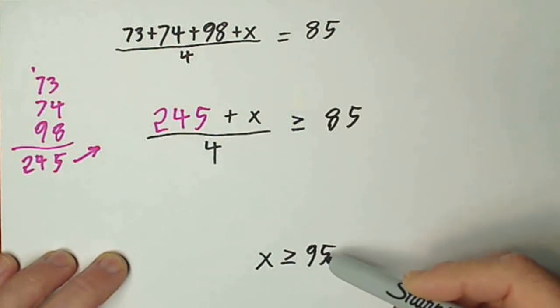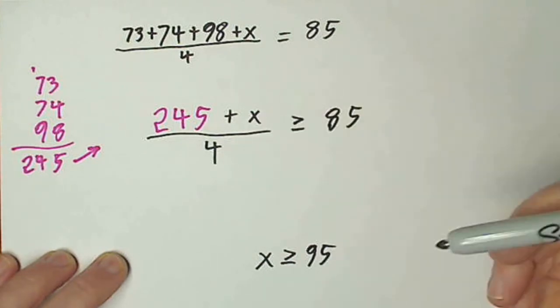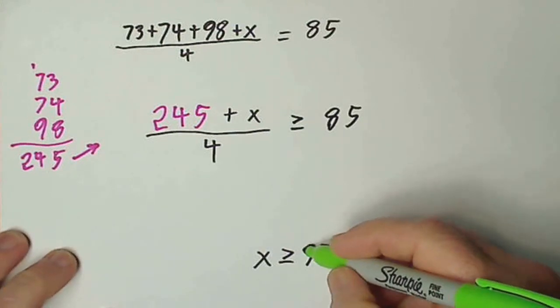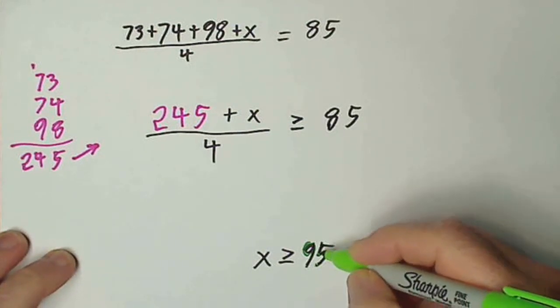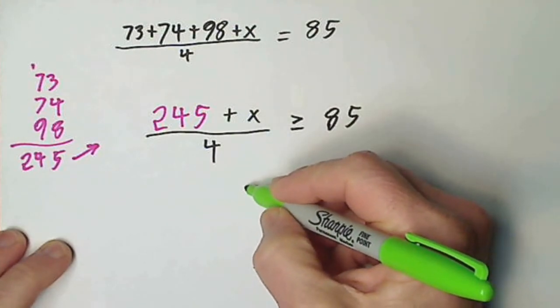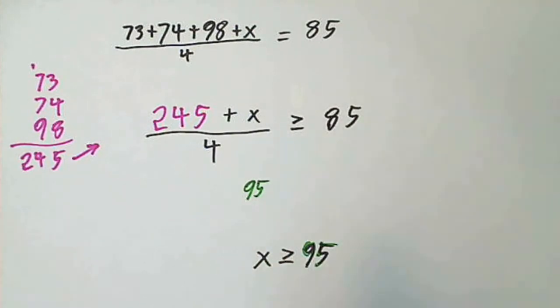Alright, and I just want to show that you could check that answer. I'll take this 95 and simply plug it in where the x is, and we'll take it from there. We'll go with a nice green 95, and we'll put it right where the x is, and then just bring everything else down.